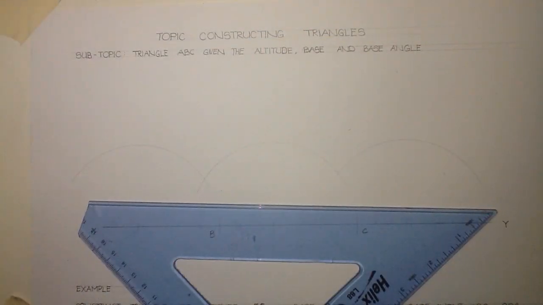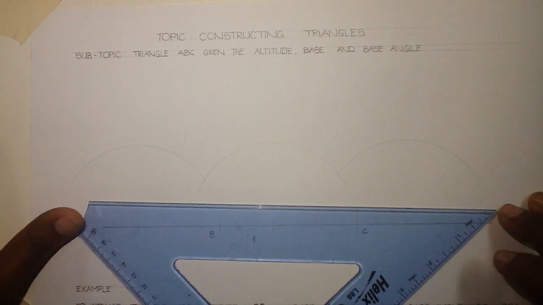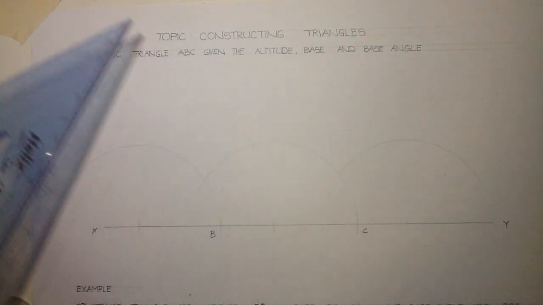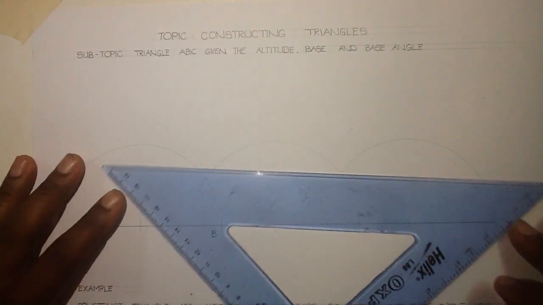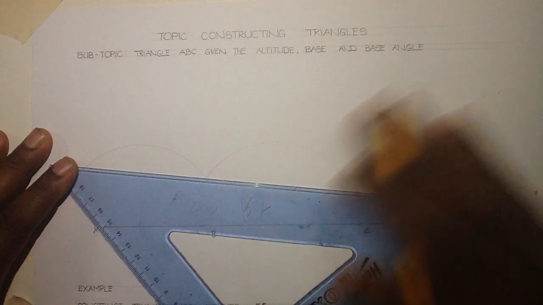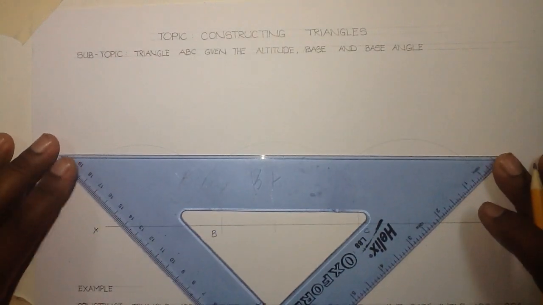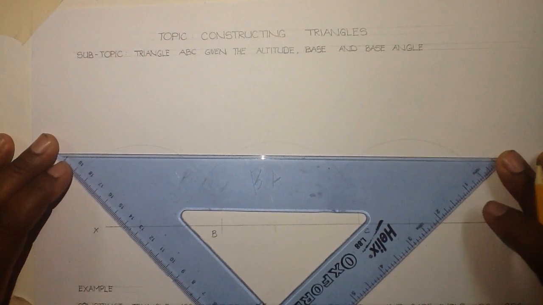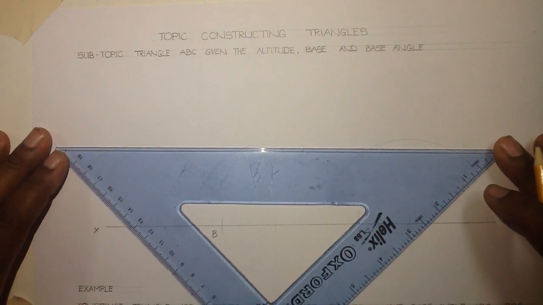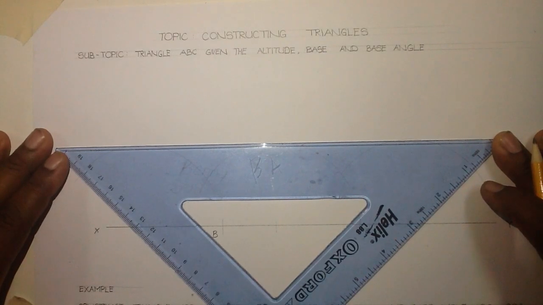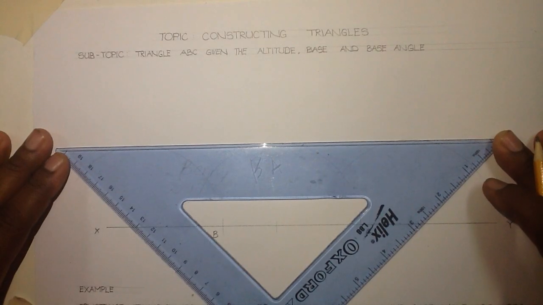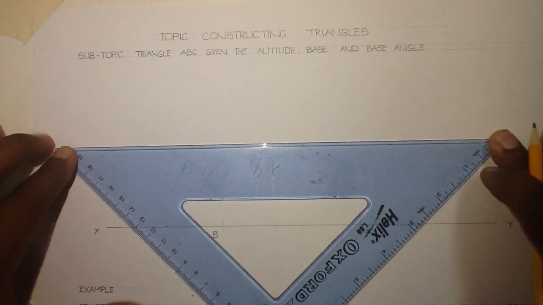Our next step would be to place our set square, and one conveniently long enough. Apologies for the broken edge. These things happen, right? Broken edge of a set square. We're going to slide our set square up to the top of our arcs, and we pull it up all the way until the top of the arc appears to be like a dash, a short dash.